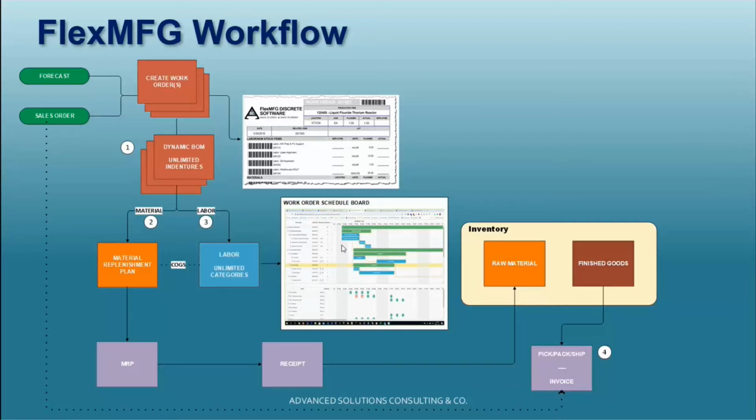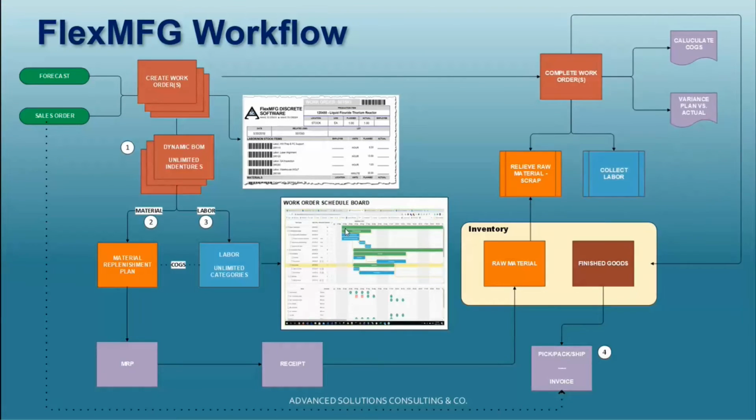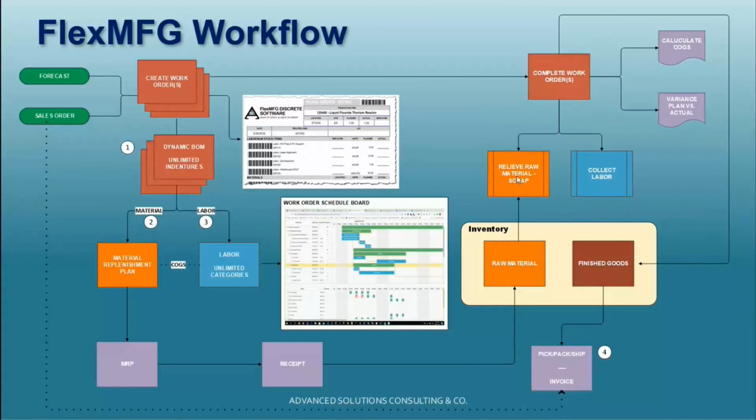In our next version, circa mid-2022, we'll have a scheduling board for the labor. We don't have that yet, but we do capture the labor. We have the amount of hours required to do a job, so you can manage labor and you can cost the labor. When you build the product, we can manage scrap.